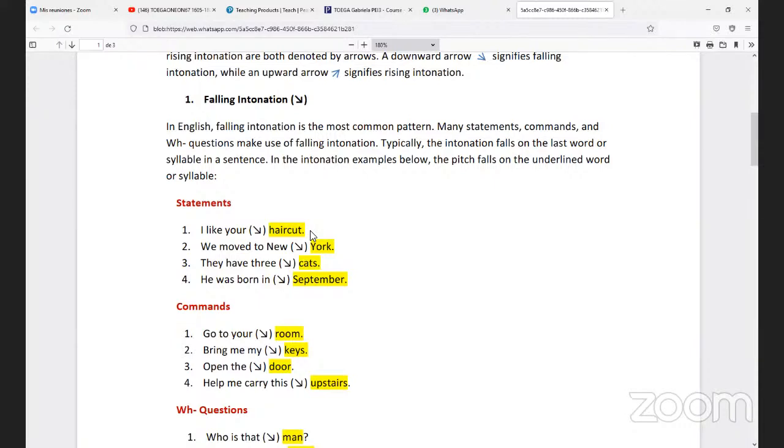And after this, I came back home. And finally, I ate some pizza. So always the last words, we're going to fall or read in a slow way. Chris, could you say again what you did last weekend, but using all the final words in your sentences really slow, or low, or falling?